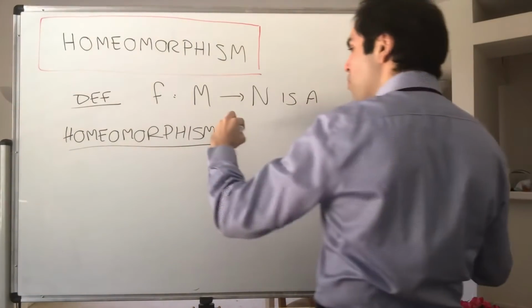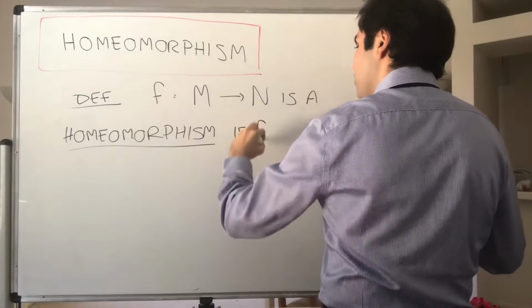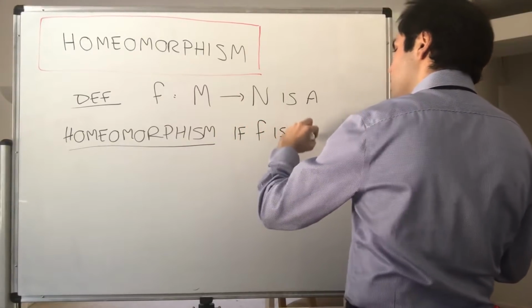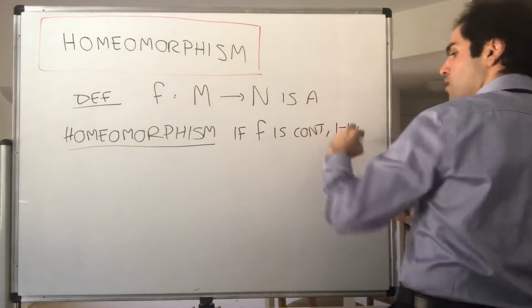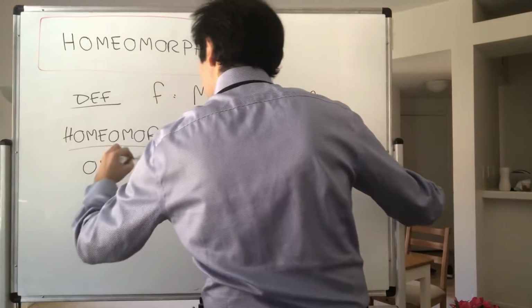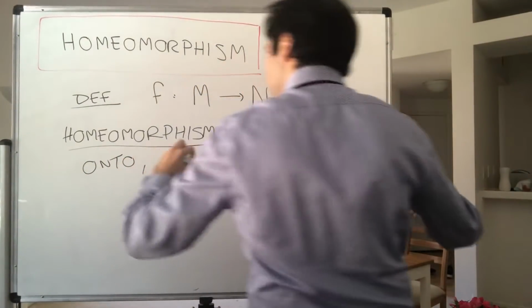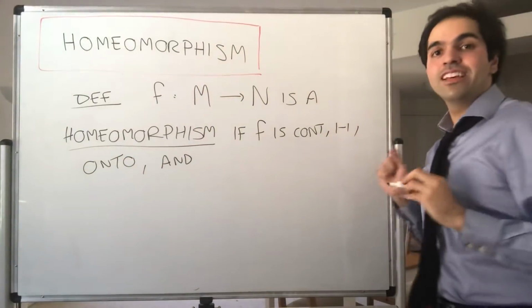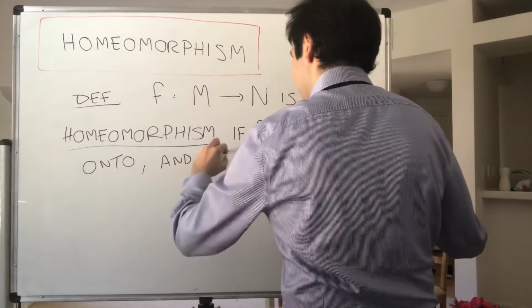So it's a homeomorphism if f is continuous, one-to-one, onto, so a bijection, and moreover, here's the important thing, the inverse is continuous as well.